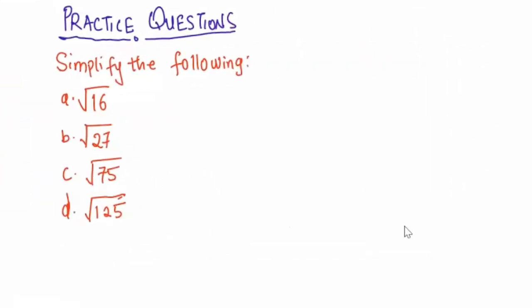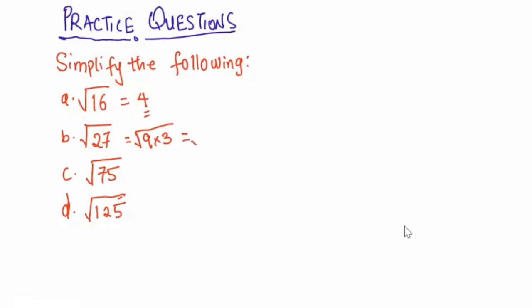Moving on, there are other practice questions so that we can understand what we have just learned about simplification of surds. We have root 16. Root 16 is very simple because this will always give us 4. Now for the second question, the square root of 27, two numbers that you can multiply to give you 27 are 9 and 3, because if you check on your calculator, 9 times 3 gives you 27.